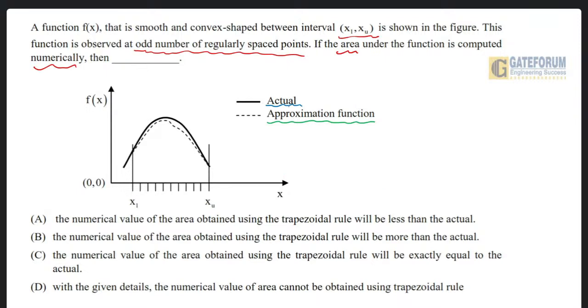so the thick curve is the actual curve, that is the exact function. And the dotted curve is the approximation function. So clearly, the actual curve is above the approximation curve function. That means the y values corresponding to actual are greater than the corresponding y values of the approximation function.